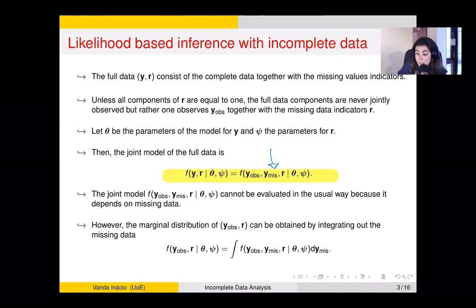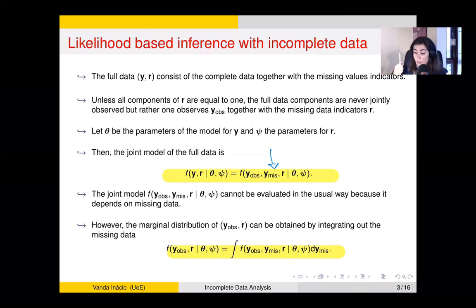But nonetheless, the marginal distribution of the observed data and of the missing data indicators can be obtained by integrating the joint model of the full data with respect to the missing values. And that's what I have here. Think when we have two variables, x and y, and I have the joint distribution f of x and y. If I want the marginal of y, I integrate my joint distribution with respect to x, correct?